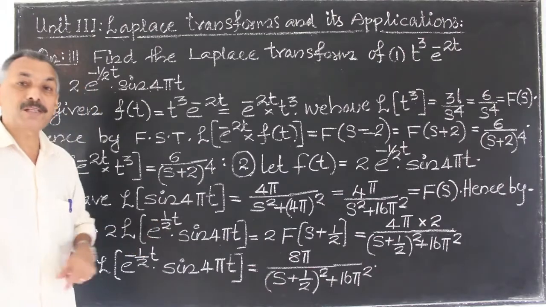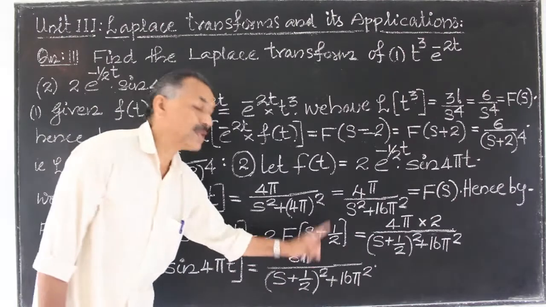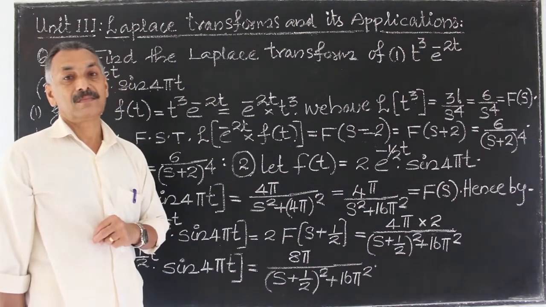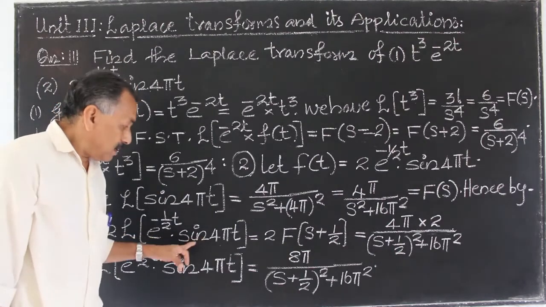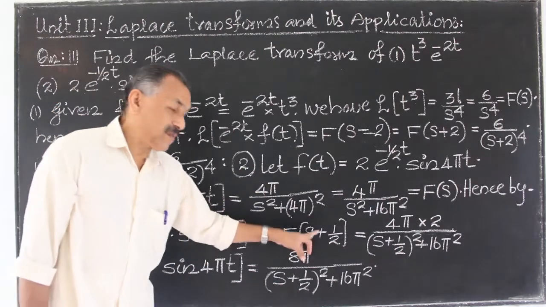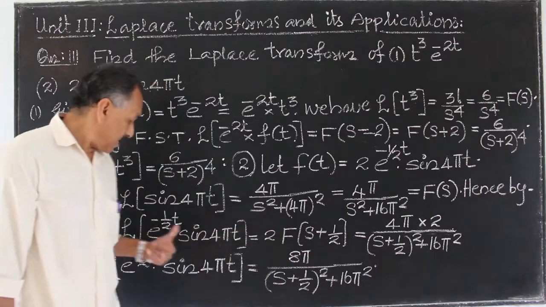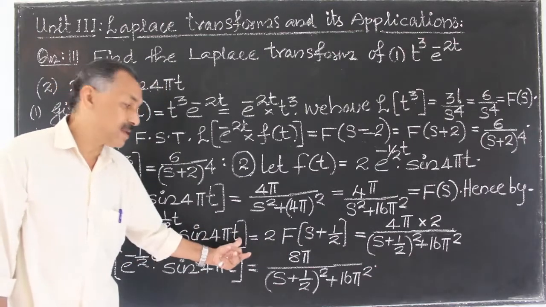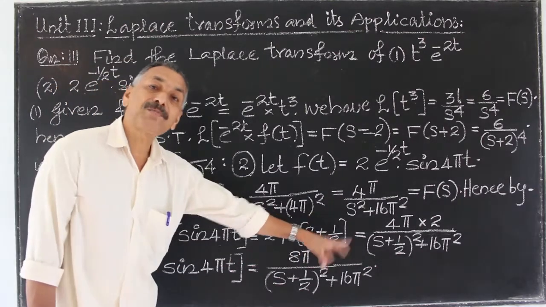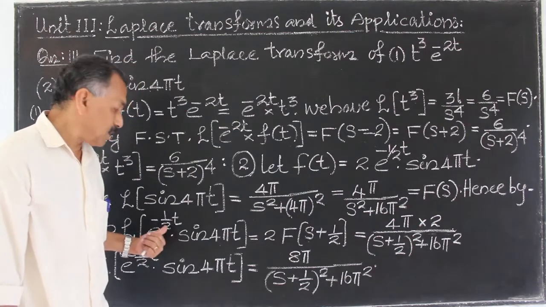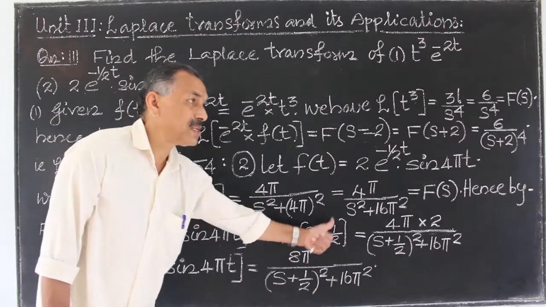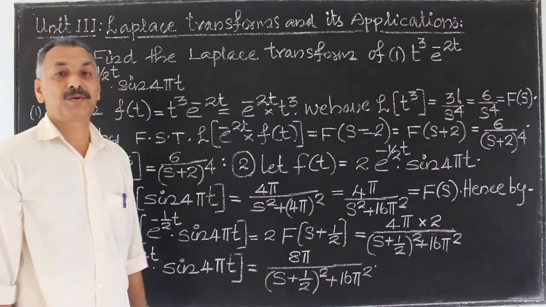Here a is equal to minus 1 by 2, that is f of s plus 1 by 2.